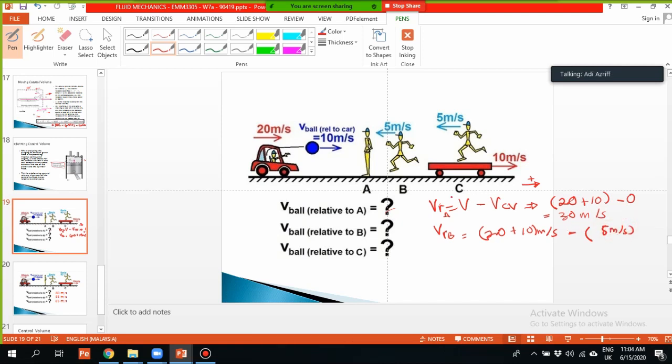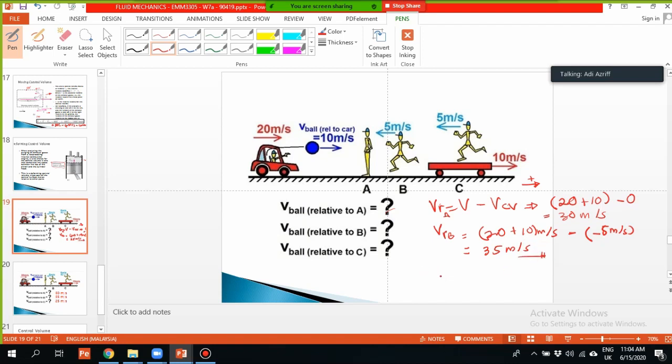But the direction of B is towards the left, so we should put negative. So at the end, you will get the answer of 35 meter per second.